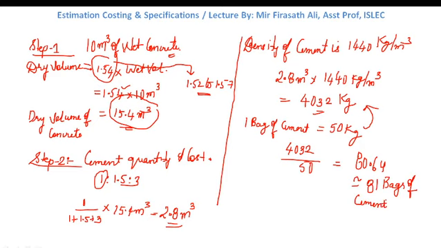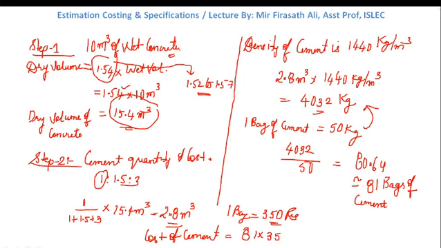We require 81 bags of cement. One bag of cement costs approximately 350 rupees. So the cost of cement will be around 81 bags into 350.